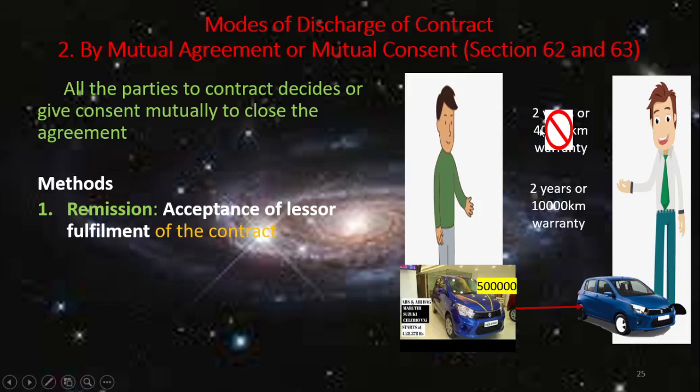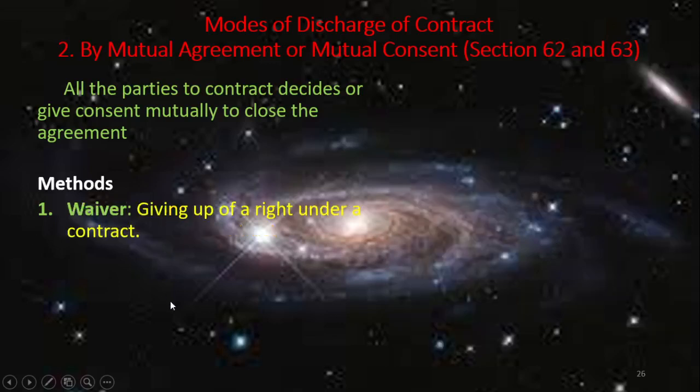Instead of 2 years or 40,000 kilometers of warranty, he accepted the term of 2 years or 10,000 kilometers of warranty. So here is acceptance of lesser fulfillment of the contract. Instead of 40,000 kilometers, he gave an acceptance for 10,000 kilometers of warranty. So that is considered as remission.